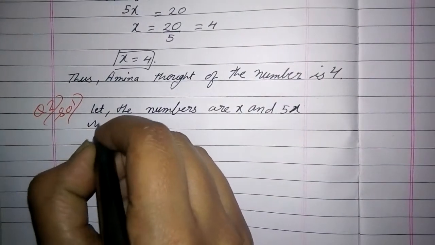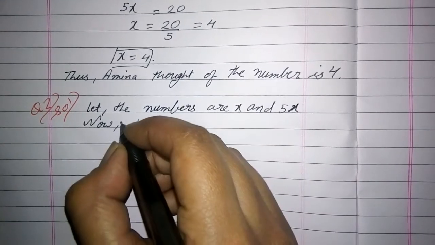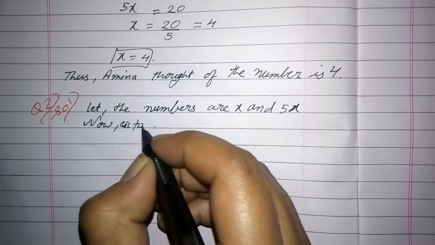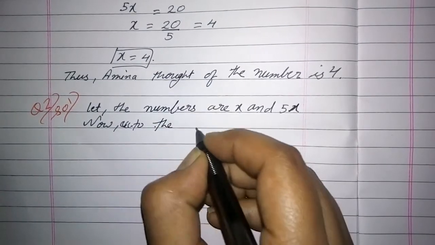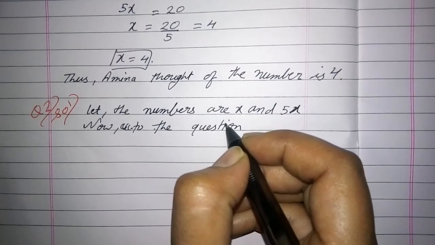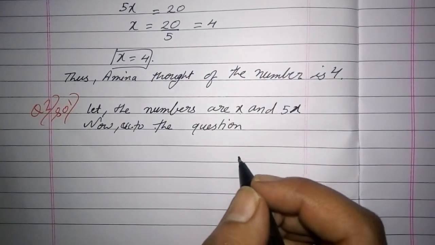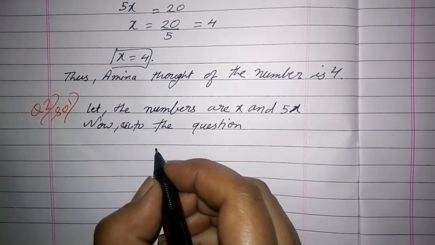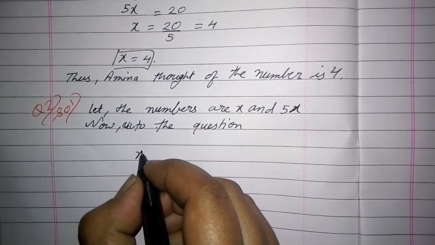Now according to the question, we have to add 21 to both numbers. So one is x and the second one is 5x.